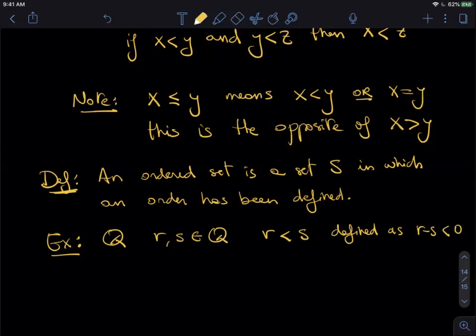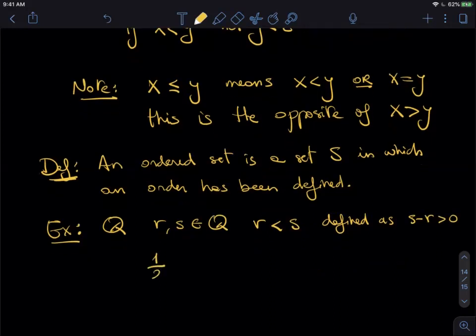Or if you want, instead of writing it this way, let's write it on the positive: S minus R is bigger than 0. So for example, I have 1/2 and 1/3. Is it true that 1/3 is smaller than 1/2? So we take the definition. 1/2 minus 1/3, that's 1/6, right? And this is positive, so yes.